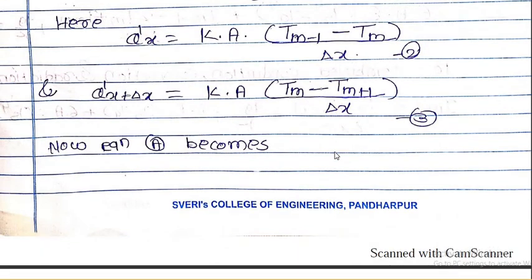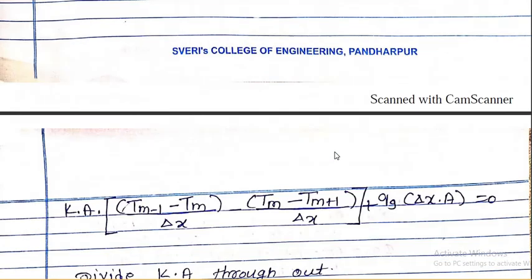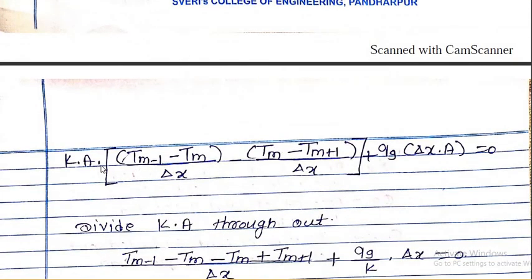Now equation 1, the energy balance equation, becomes k multiplied by A taken common, then into bracket T suffix M minus 1 minus T suffix M divided by delta x, minus T suffix M minus T suffix M plus 1 divided by delta x, bracket complete, plus q g multiplied by delta x multiplied by A. Now we divide by k multiplied by A throughout.